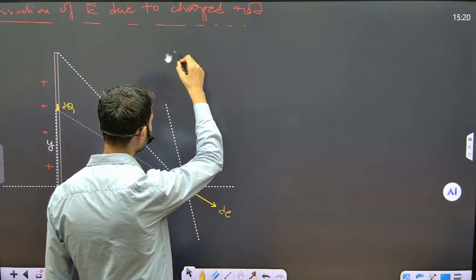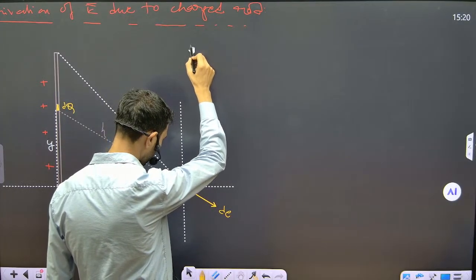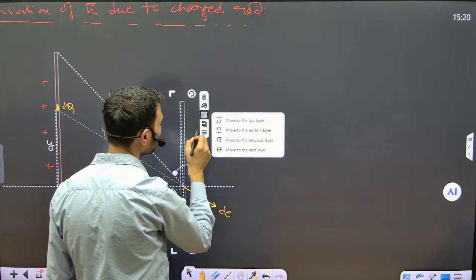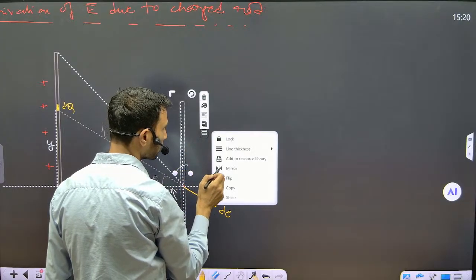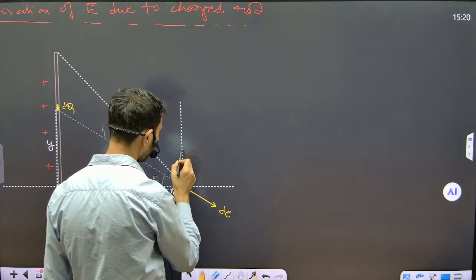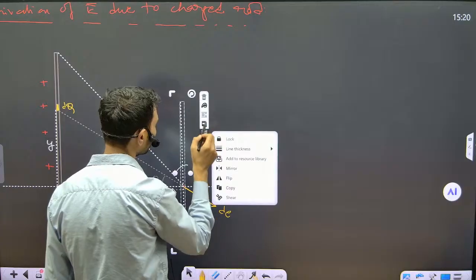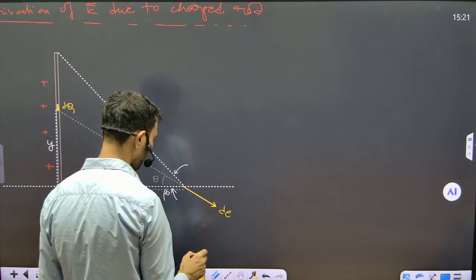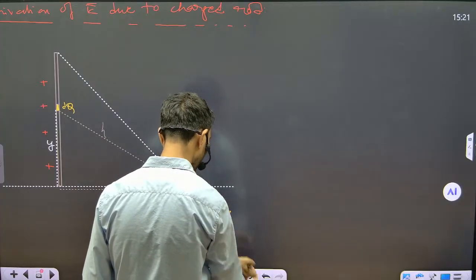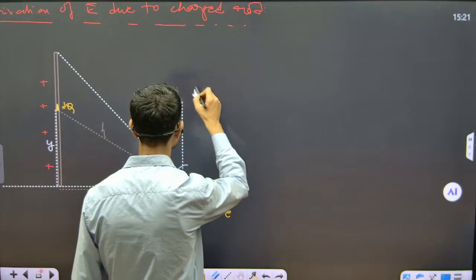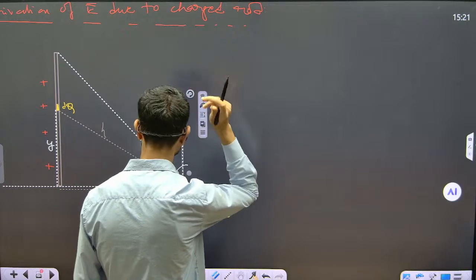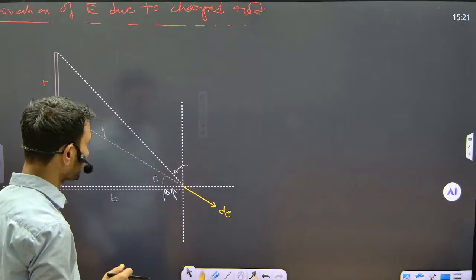It makes it perfectly vertical, right? You see. Okay, nice. Now it's vertical.